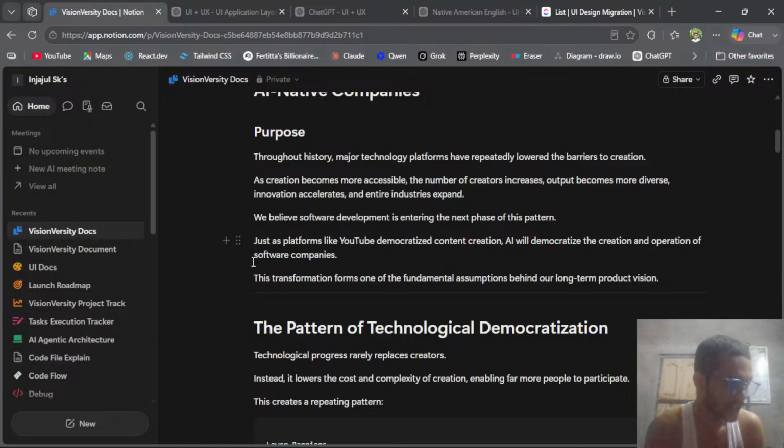So as a creator, you just record yourself, design your content, and then upload. That's all. But in the past, to build content, you had to have knowledge and face a lot of barriers. New technology reduced that barrier.